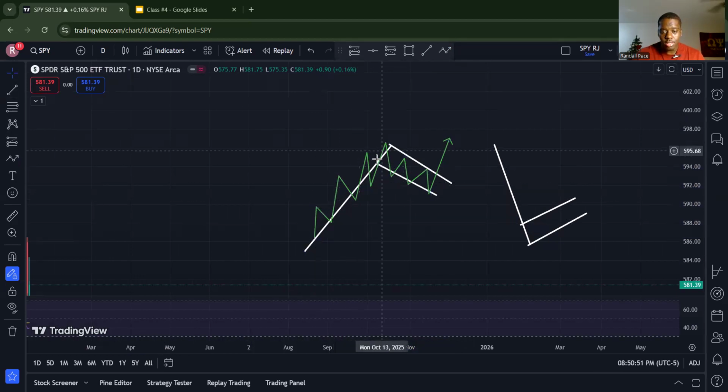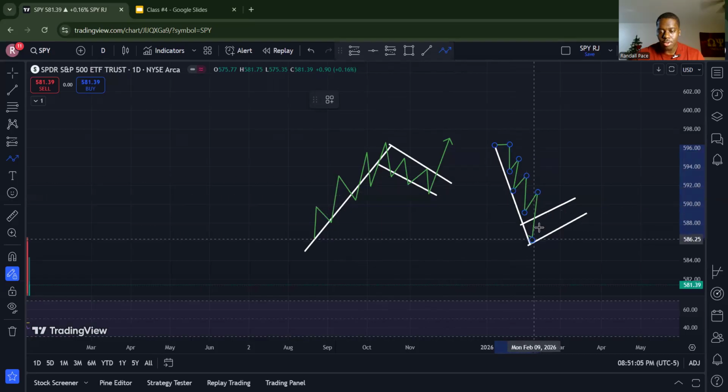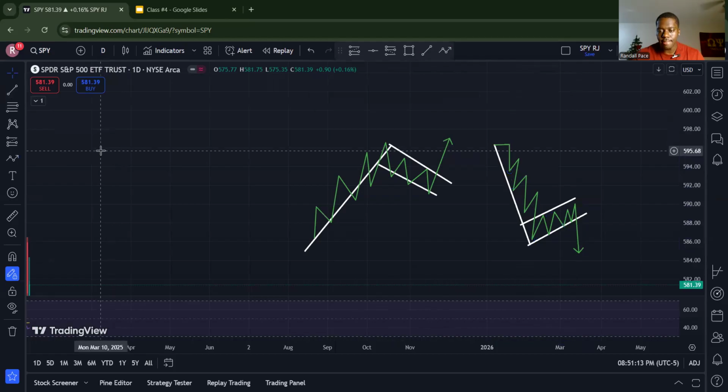You have an uptrend, you have the pullback, you have the breakout. Bear flag, downtrend, lower highs, lower lows, lower highs, lower lows. Still holding, trying to take it down. That's the flag pattern. Okay.